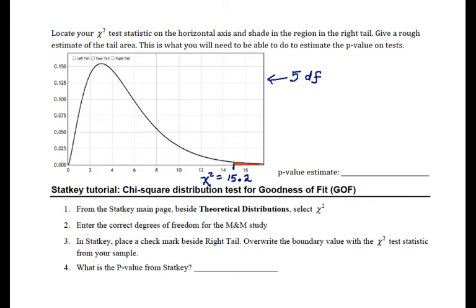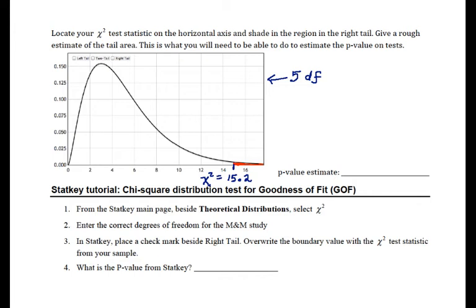This does look pretty small, and I'm going to try to ignore what I already know because we've already calculated this p-value. So I want to think about it in terms of maybe just, it's easier to say yes or no than to come up with a number. Start with 10%. That's the largest significance level that we typically use. It's definitely less than 10%. Now let's go down to 5%. Does this look less than 5%? I would still be inclined to say yes. Now let's go down to 1%.